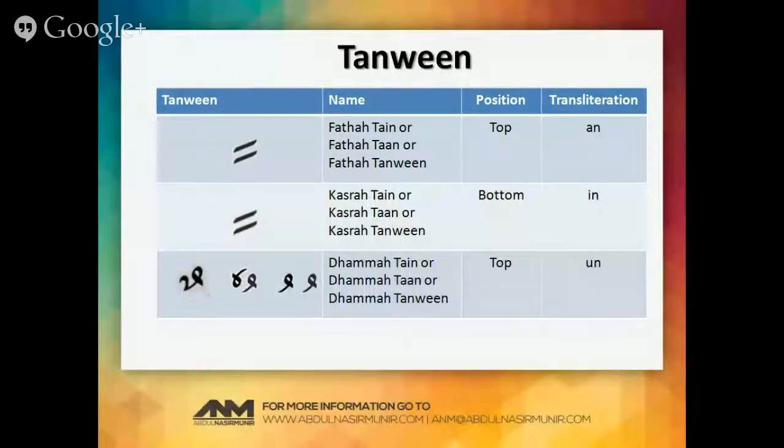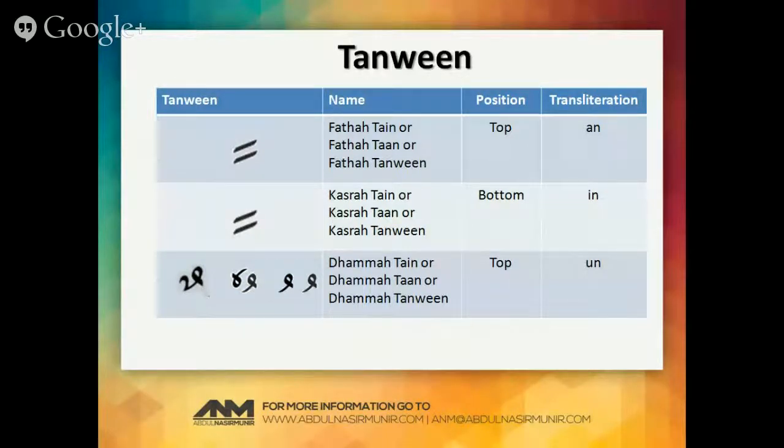On the left column we have Tanween. So we have Fatha Tain. These two lines, two Fatha, in Arabic is called Fathatain, or Fathatan, or Fatha Tanween.